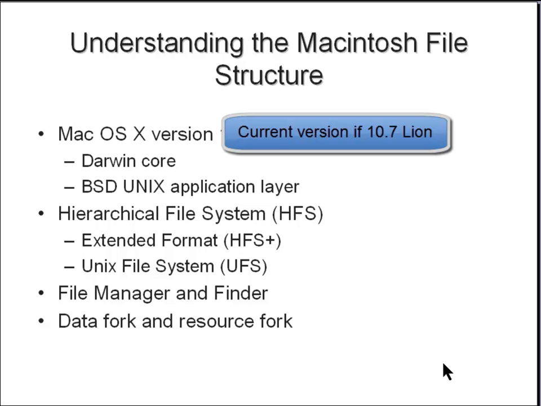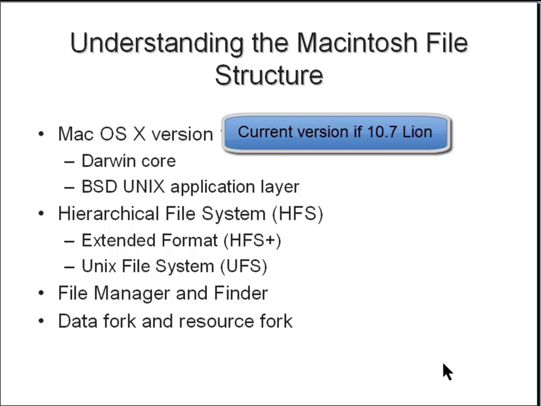And essentially what that does is it limits what you can do on the Macintosh. It makes it less Macintosh-like, if you will, as we'll see later, because there's some things that the HFS Plus provides that the old Unix file system does not. And so typically, even if you're a Power Mac user, you're going to want to install with a Hierarchical File System Plus. There's also some things called a File Manager and Finder that we'll talk about.